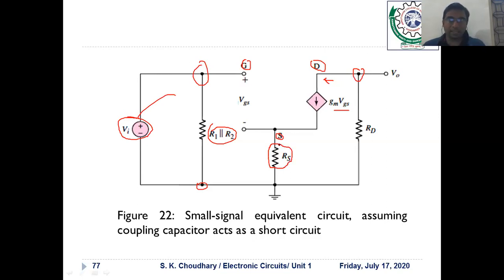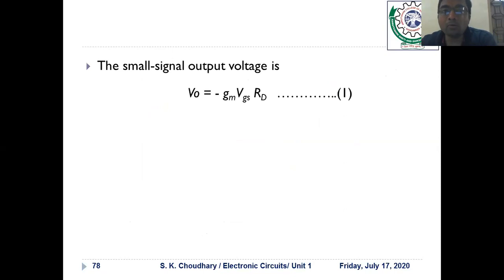Obviously, when this RS is connected between the source and ground, there will be a change in the formula of voltage gain also. So see here for the voltage gain. Now you can see here the small signal output voltage formula.